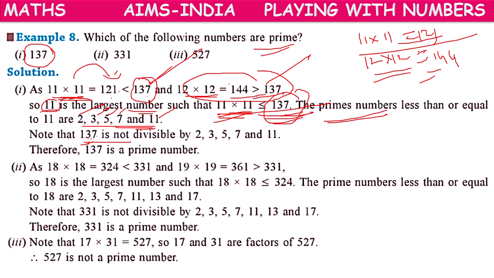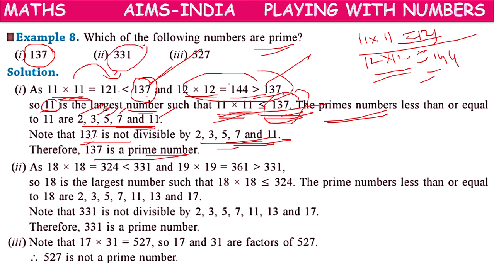Not divisible by 3 because the sum of all digits is 11. Not divisible by 5 because in the unit digit we don't have 5 or 0. Like that we have to check all. It is not divisible by any of the prime numbers less than or equal to 11. So we can tell it is a prime number.